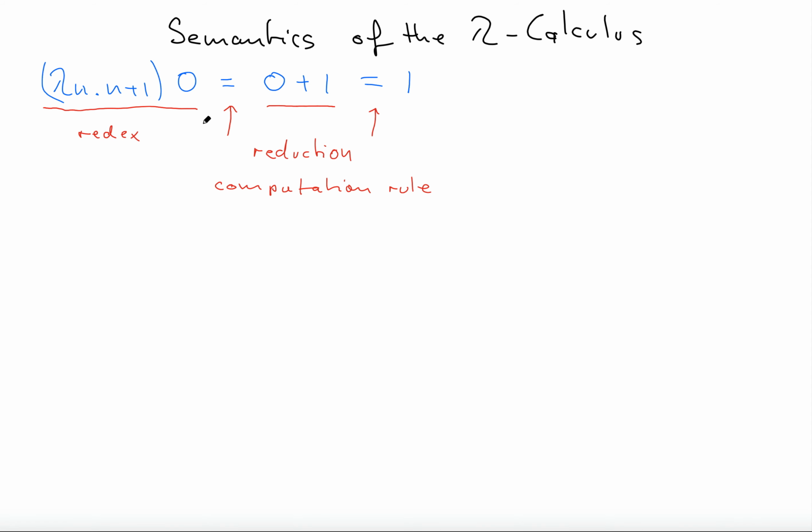And the question is now, what is the computation rule that allows us to take the step that lambda n.n plus 1 applied to 0 equals 0 plus 1?